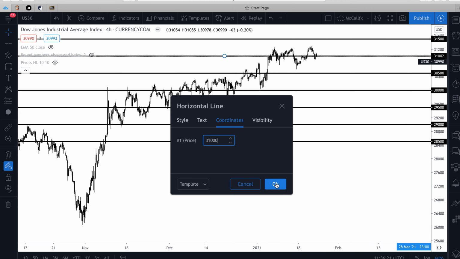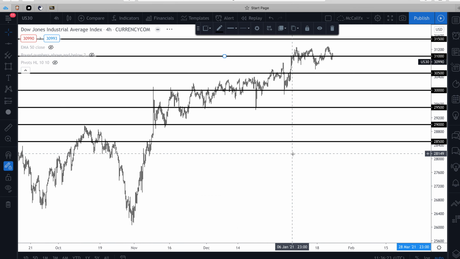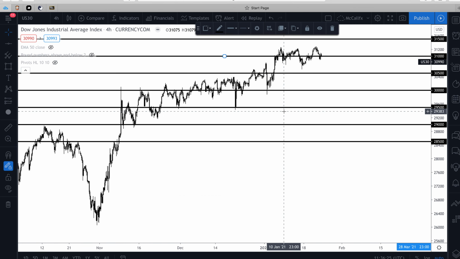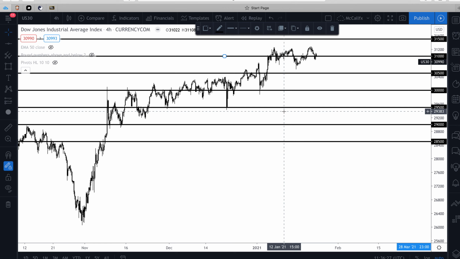So why do I have these numbers? What I'm going to say about these numbers is that anytime we want to buy something, we want to buy it when the price crosses $10, 20, 30, 40, 50, 60, right?